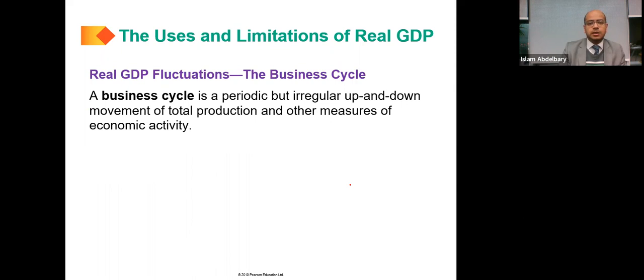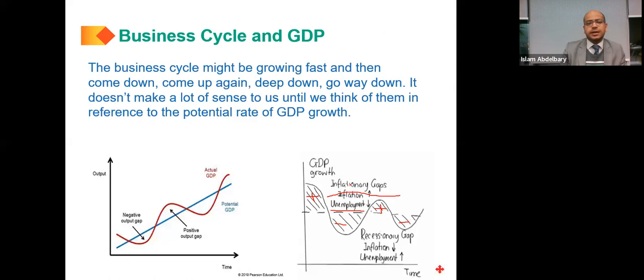So this is the business cycle and the difference between potential GDP and actual GDP.